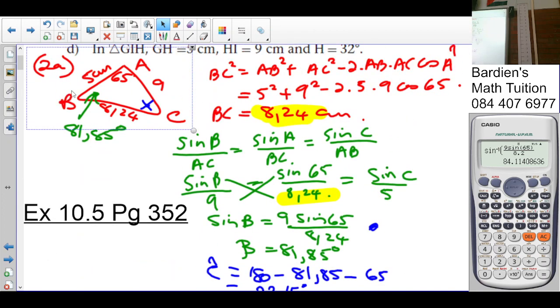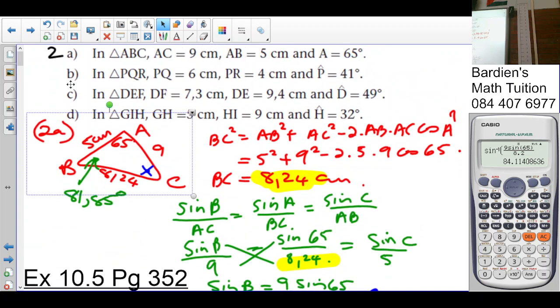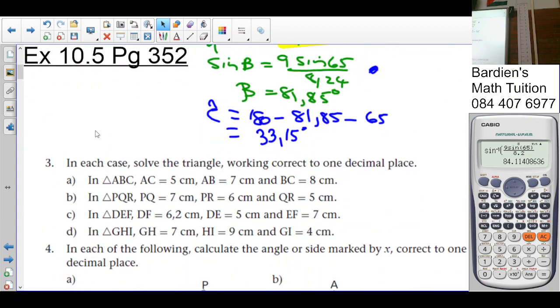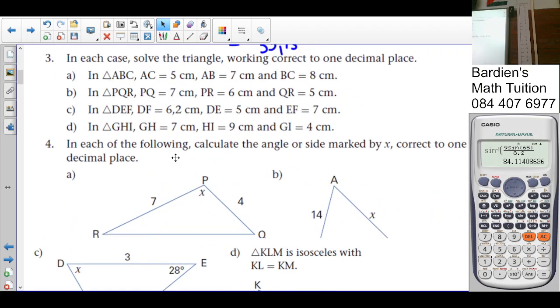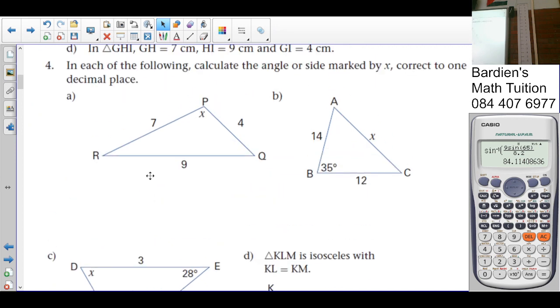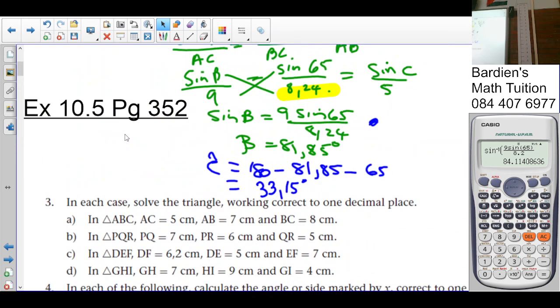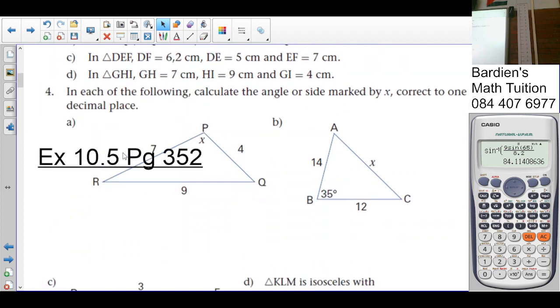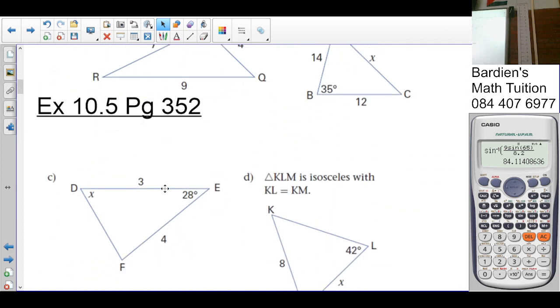That is 2A. Any problems with the rest of 2? Did you have to do number 3? Number 4? What in number 4 did you have to do? A and C. Any problems with number 4A? You had to do 4A.